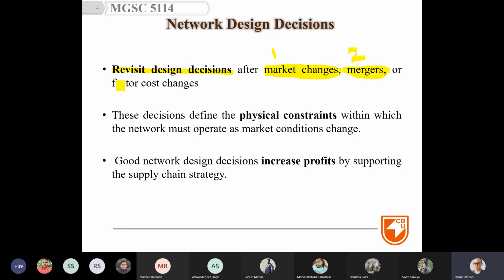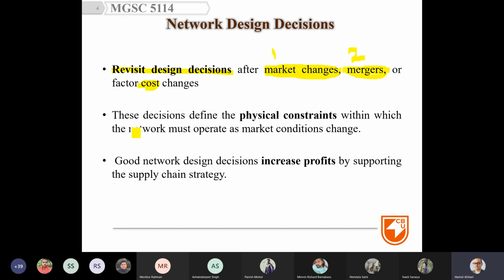And let's say the cost is changing. If the price of fuel, the price of energy, the price of power changes over time, the previous decisions could not be feasible anymore.